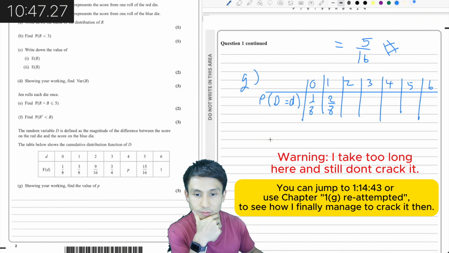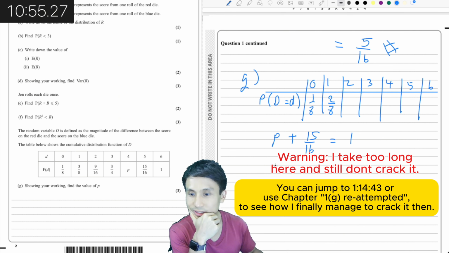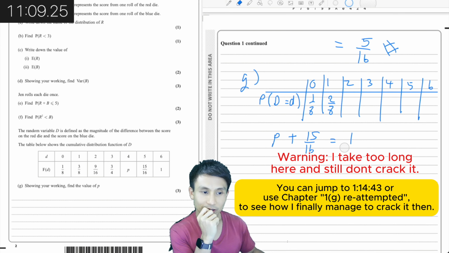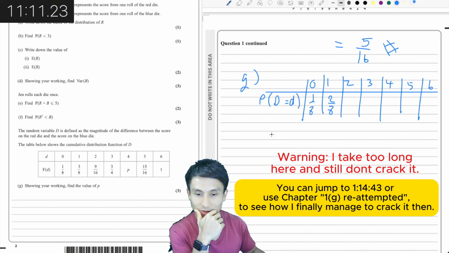So P plus 15 over 16 equals 1, right? Because they have to add up to 1. So you are almost at the last value now. Okay, I think I need to do this.